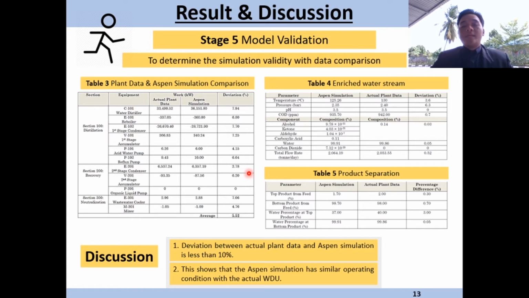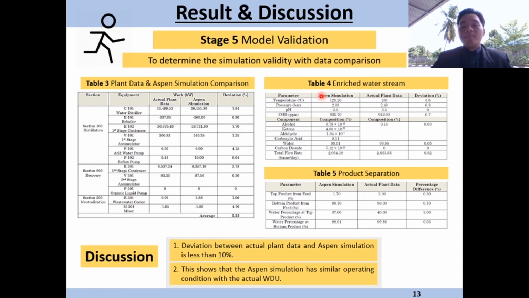And this model has been validated by comparing with actual plant data from the natural gas processing industry in Bintulu. As shown in Table 3, the deviation from work done by each equipment in section 100, section 200, and section 300 averaged less than 10%, at 5.52%.